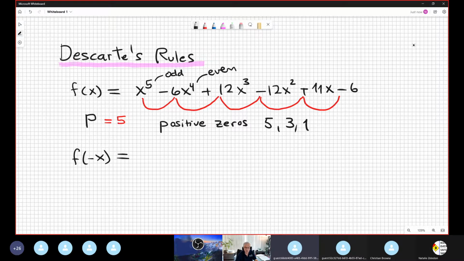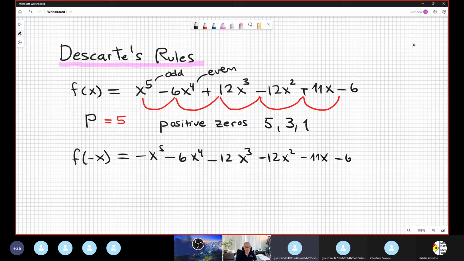Entonces it is negative 5x to the 5th power minus 6x to the 4th power minus 12x to the cubic power minus 12x to the 2nd power minus 11x minus 6.